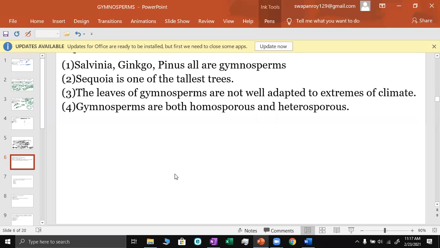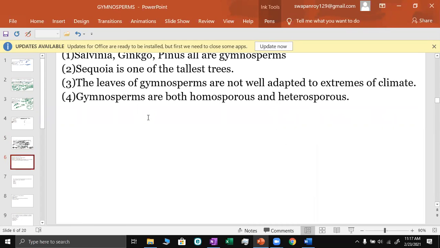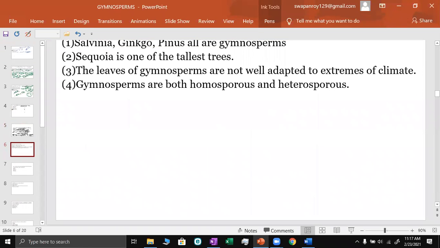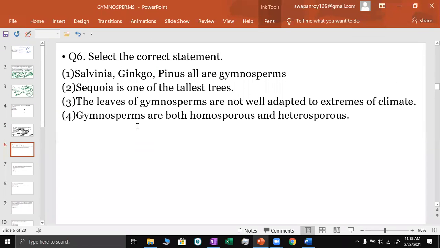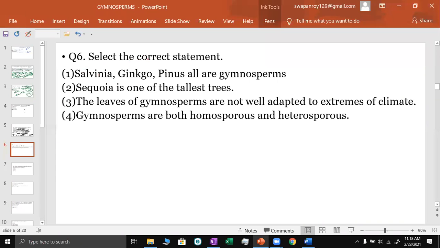Come to number 6. Select the correct statement. Which one is correct out of these 4?